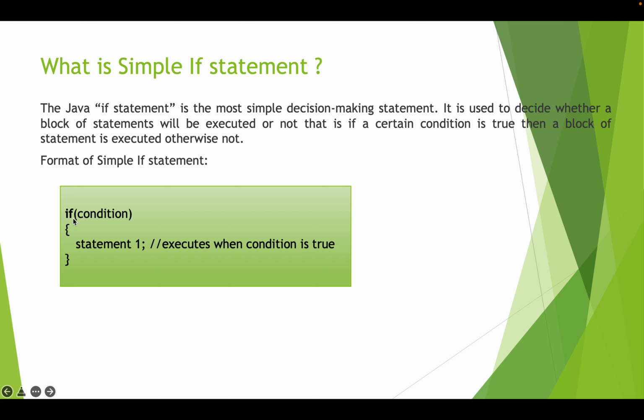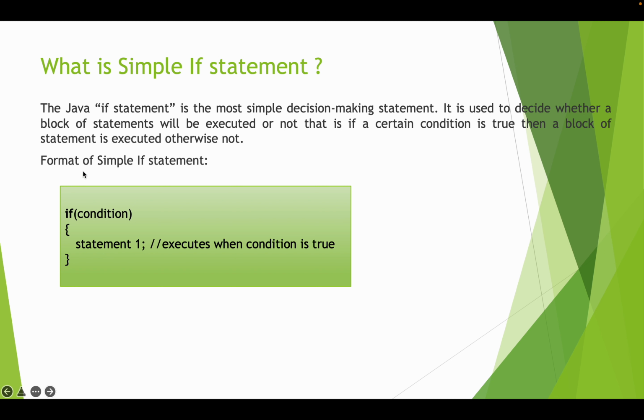So if the condition declared in the if is true, then only the statement will execute, otherwise it won't be executed. So you need to remember this in the simple if statement: if the condition is true, then only it will execute, otherwise it won't.